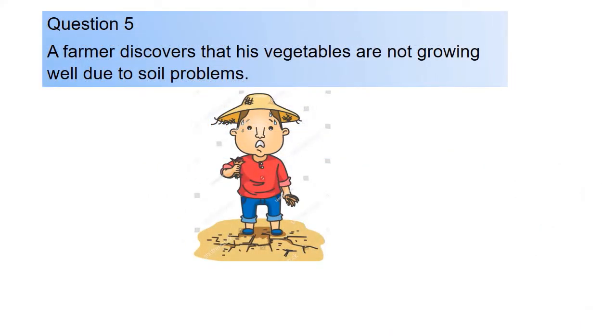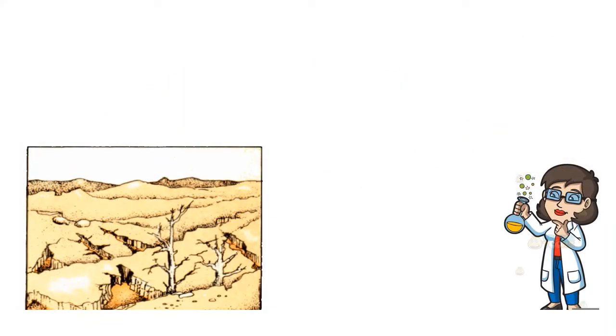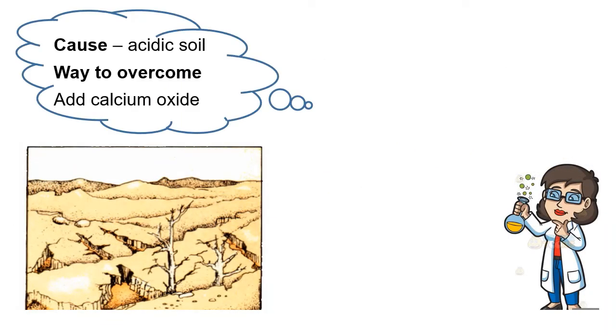Question 5. A farmer discovers that his vegetables are not growing well due to soil problems. By using your chemistry knowledge, state 2 possible causes and ways to overcome the problems by naming the chemical used. The possible cause is acidic soil.